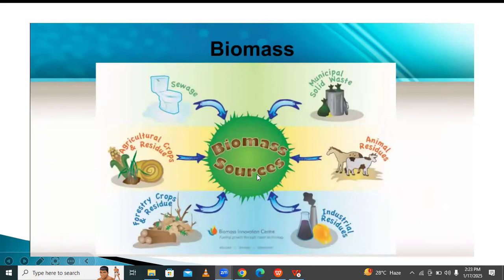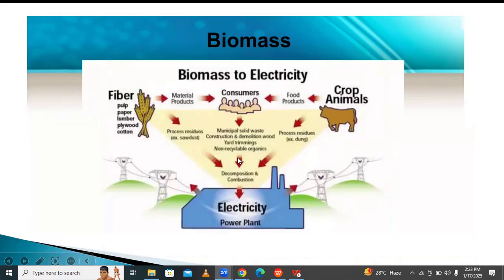This is the process of how we generate energy by using biomass sources: industrial residues, animal residues, municipal solid waste, sewage, agriculture residues and crops, and forestry crops and residues. From all these sources, we can generate electricity by using biomass systems.